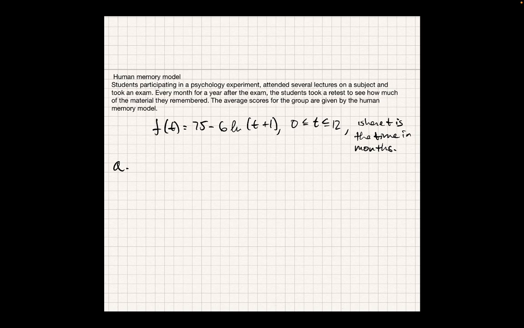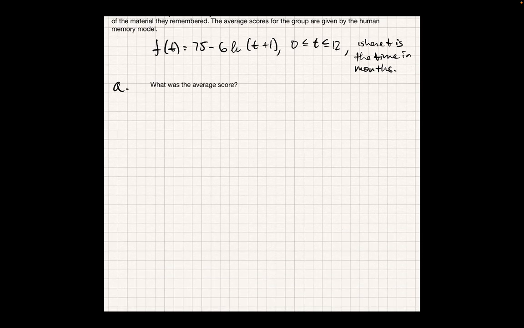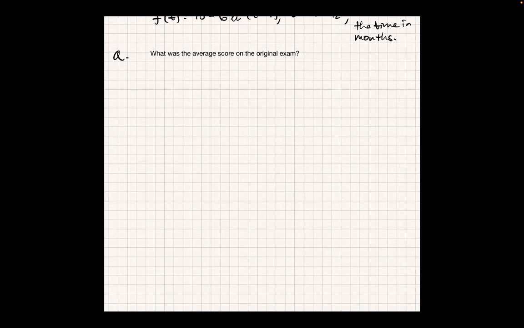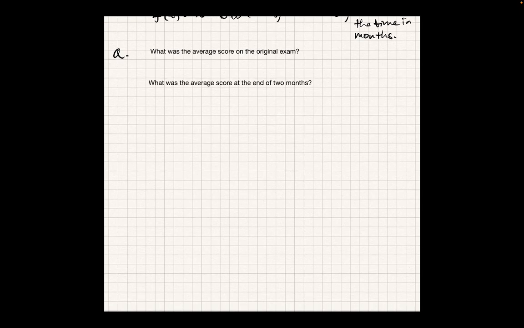What was the average score on the original exam? What was the average score at the end of 2 months? What was the average score at the end of 6 months?